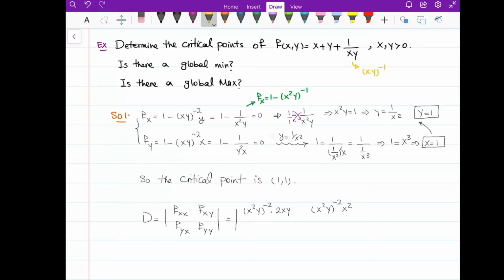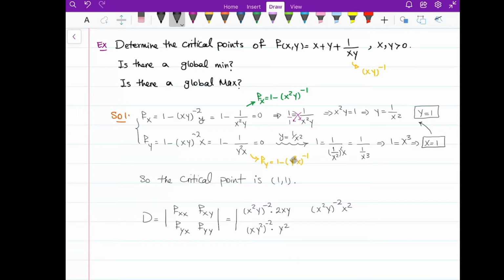Now we're gonna do the same thing for fy. Fy is 1 minus y squared x to the power of -1. So I'm gonna take the derivative of that with respect to x. It would be x y squared to the power of -2 times the derivative of the inside with respect to x, just y squared.